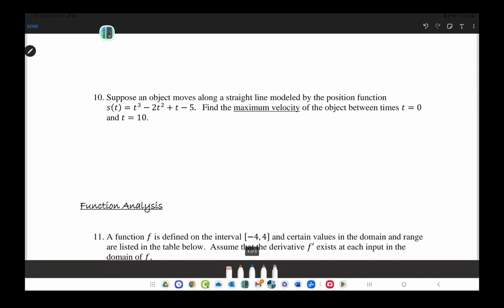This question number 10 is a little bit different, but the same concept. Those optimization questions we just did, there's just one optimization question, but it's going to be a bit of a mix.